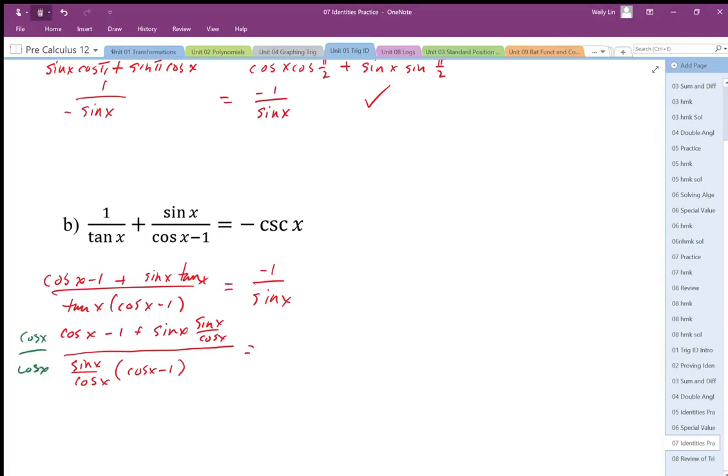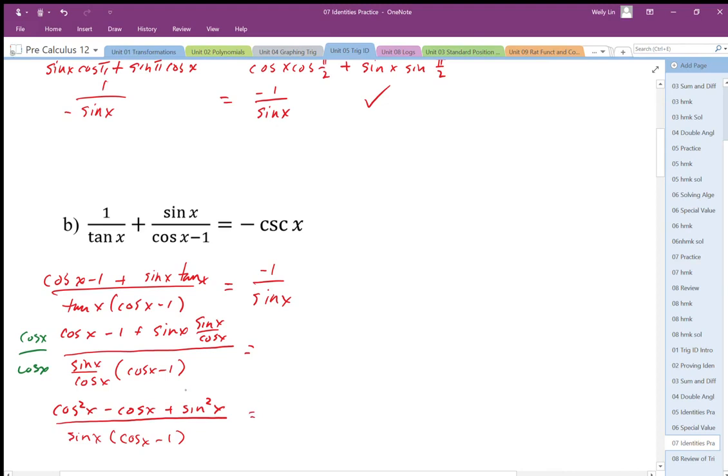In doing so, I end up with cos squared x minus cos x plus sine times sine is sine squared. And in the denominator, cos times sine over cos, the cos disappears, so I'm just left with sine x times cos x minus 1.